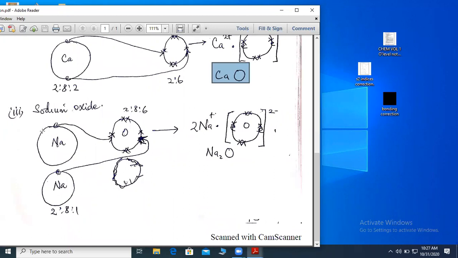Sodium oxide. The atomic number of sodium is 11, and the electronic configuration is 2, 8, 1. So that means sodium has only one electron to lose, but oxygen needs to gain two. Always look at this.